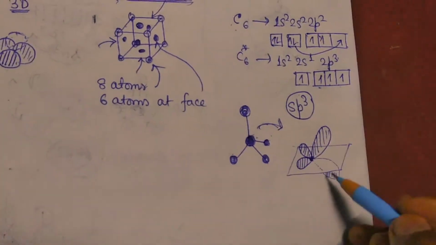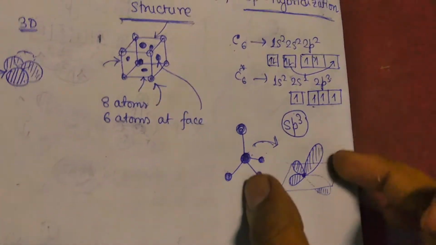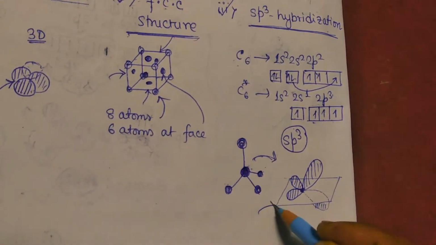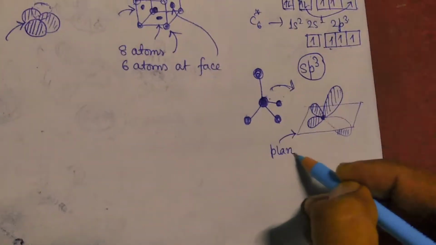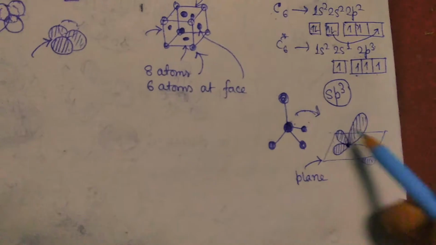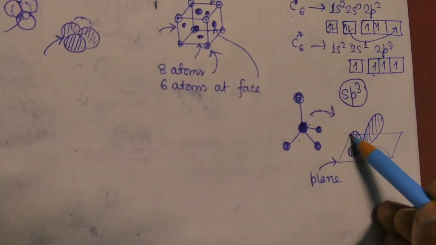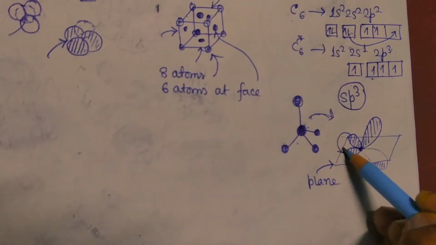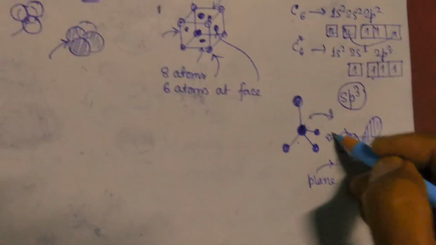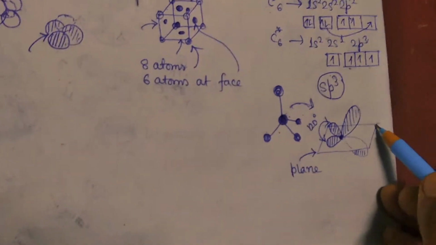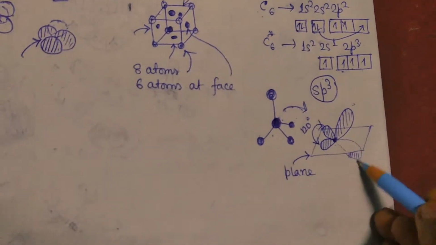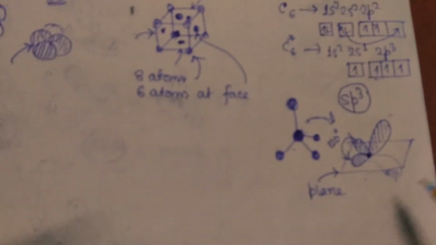So if we place it in a plane, these two reside on the plane, one lobe upward and one downward. This is the sp3 structure we have to remember.